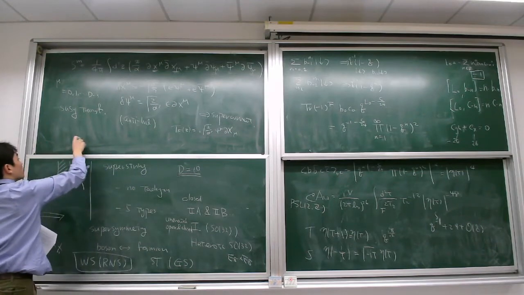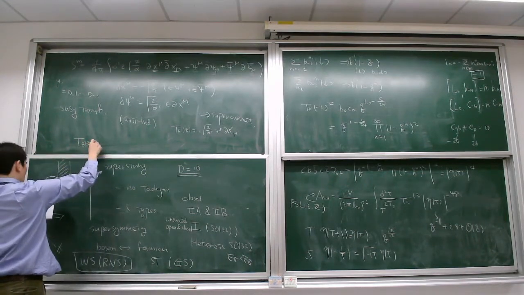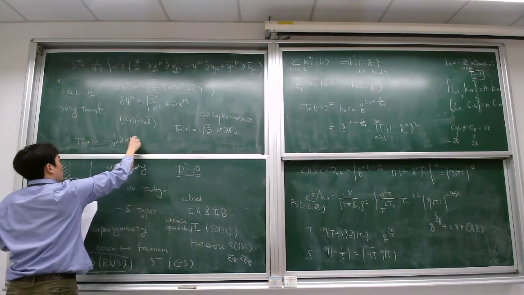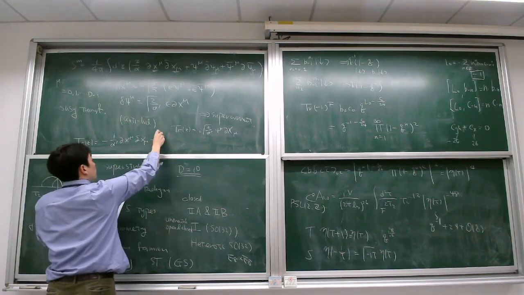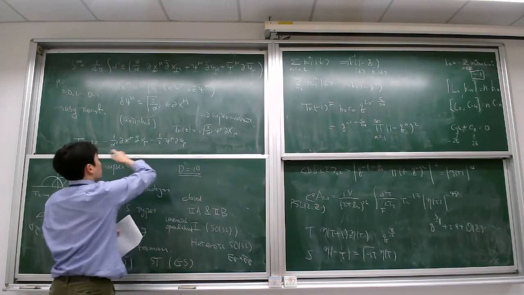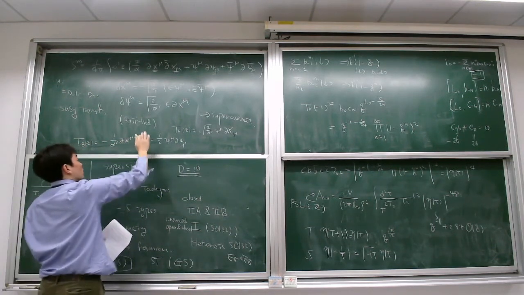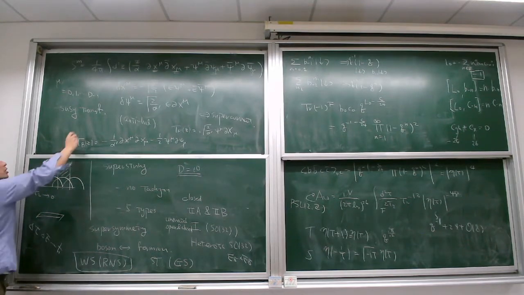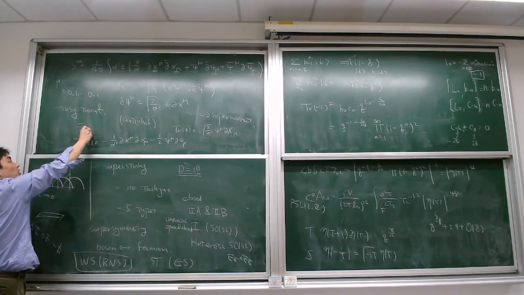The stress energy tensor can be written as T_B of z, the usual piece we had before, and also a fermionic piece. Of course, you have the holomorphic part of the stress energy tensor, but I'm not going to write it down.